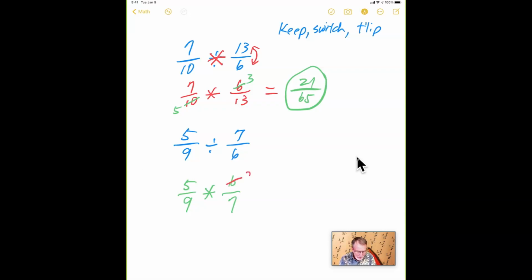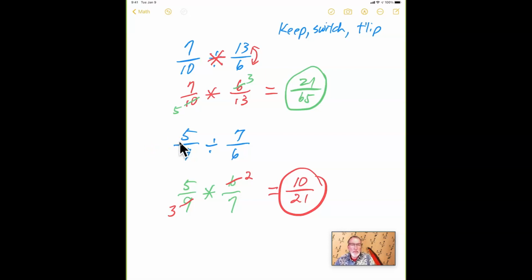Let's take out a 3 and leave 2, and take out a 3 here and leave 3. So we divided the 6 by 3 and got 2, and divided the 9 by 3 and got 3. Now we have all prime numbers again, so we shouldn't have to reduce when we're done. 5 times 2 is 10, and 3 times 7 is 21. 10/21. No common factors, so we are done.